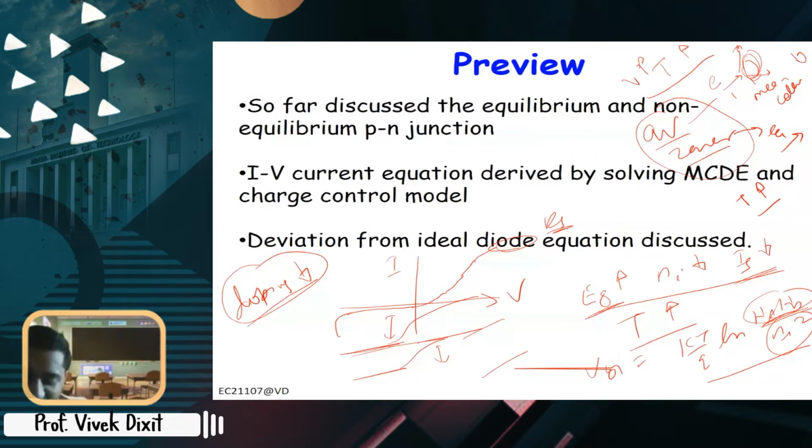You can understand it this way. We discussed how the band gap changes with temperature. If you increase the temperature, what happens to the band gap? It increases or decreases? Okay, I will tell you. It actually decreases. That means at 0 Kelvin, band gap is maximum.